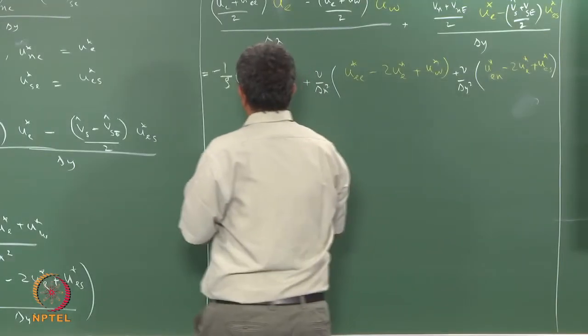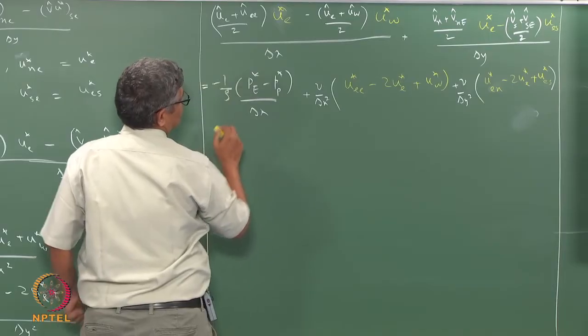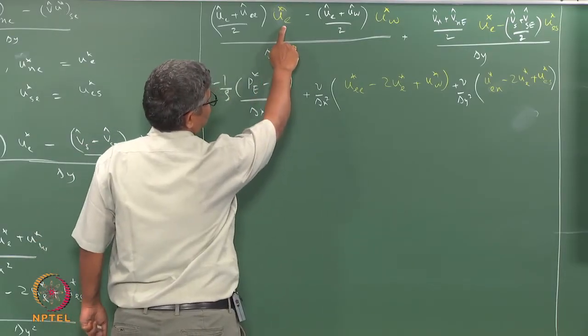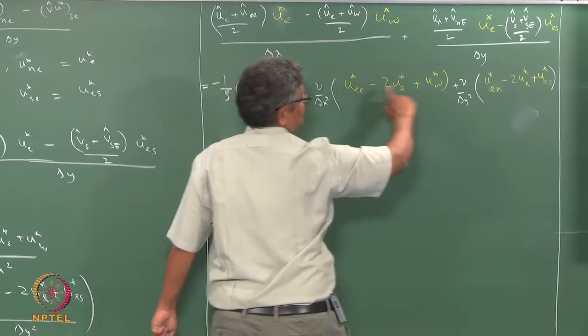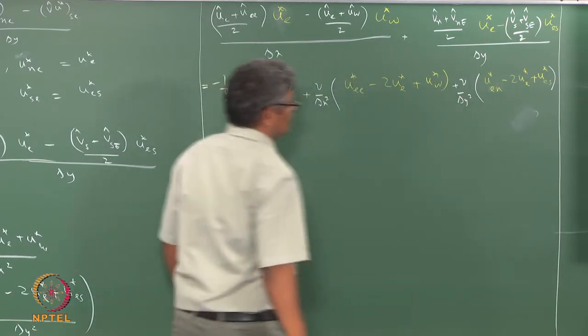We can now write this as, we can, for example, bring this UE star here and the UE star here and the UE star here onto one side.